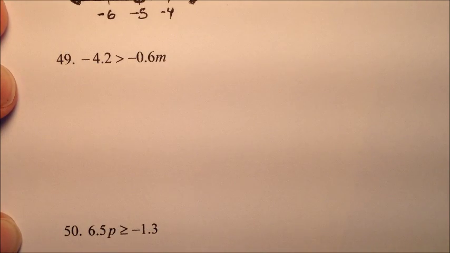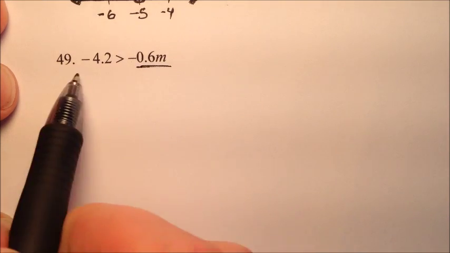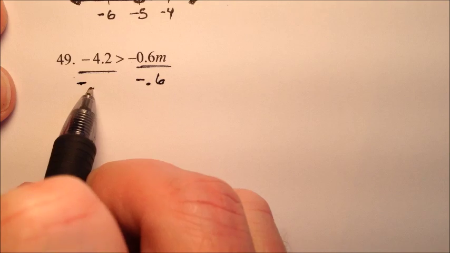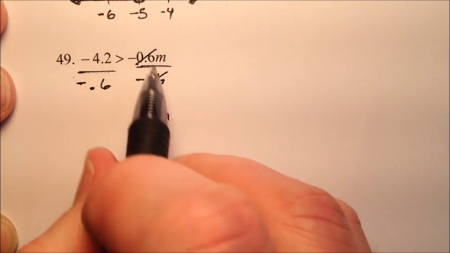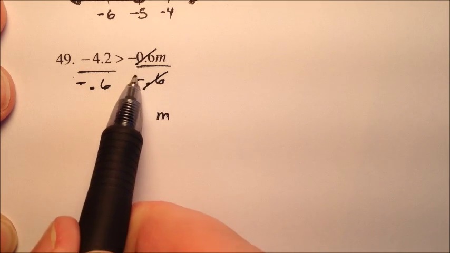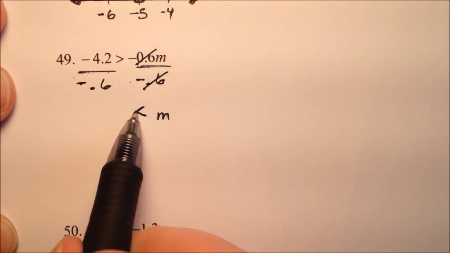Number 49 is negative 4.2 is greater than negative 0.6 m. So since we have this negative 0.6 m being multiplied, we're going to divide both sides by negative 0.6. When we do that, the numbers over here on the right will cancel out and we're left with m, but recall that when you divide or multiply an inequality by a negative, you have to switch the sign of the inequality.